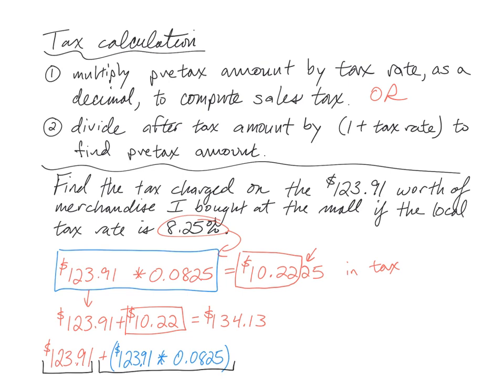That means I can divide both terms by $123.91 and essentially do a reverse distribution. So here's what's going to happen. I'm going to reverse distribute, and this is what we call factoring. The math F word.